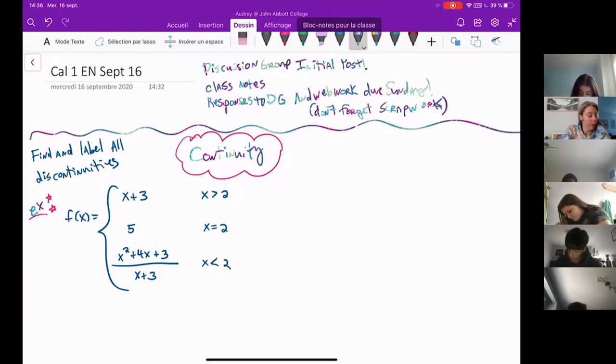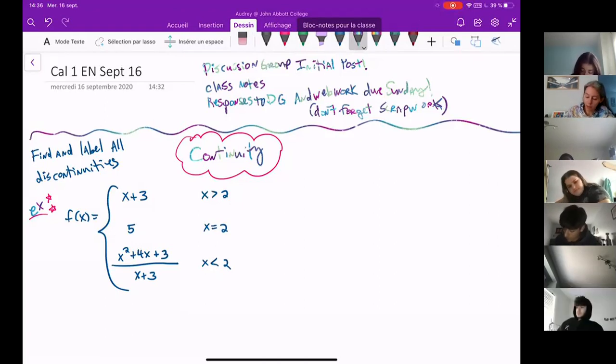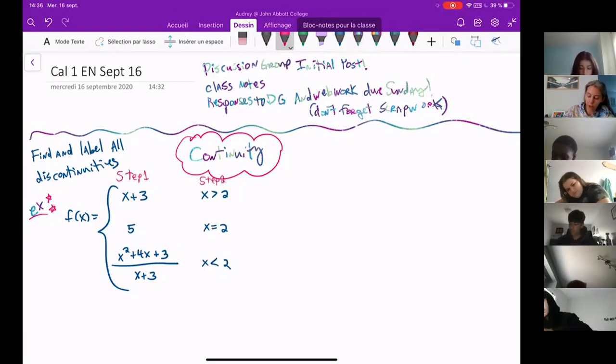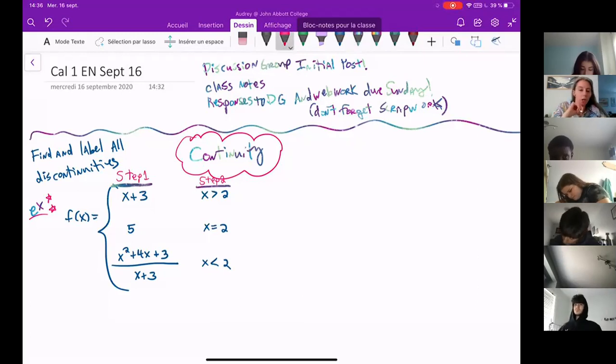So we're going to start off by remembering that we had separated this into two steps. Step 1 is looking at each of the functions, and step 2 is looking at the breakpoint. In this case, I have one breakpoint. That breakpoint is 2. Therefore, which do I go to for 2 from the left, the top, the bottom, or the middle?